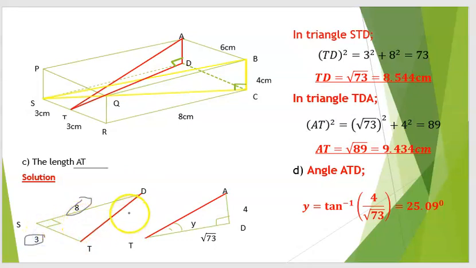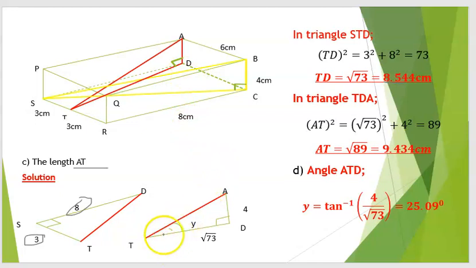From there, you realize that TD is the hypotenuse. So I'll take 8 squared plus 3 squared, which gives 73, and the square root of 73 is 8.544 centimeters. So TD is 8.544.